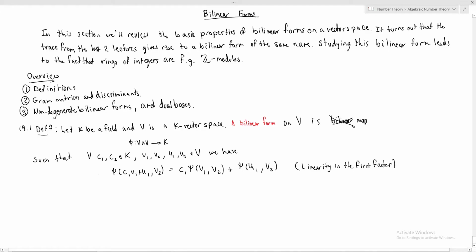And then it needs to also be linear in the second factor: psi of V1, C2 V2 plus U2 is C2 psi of V1, V2 plus psi of V1, U2. Okay, and this is linearity in the second factor.